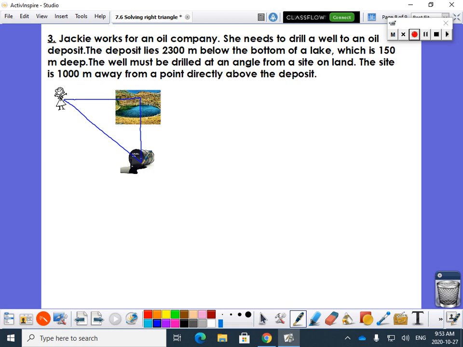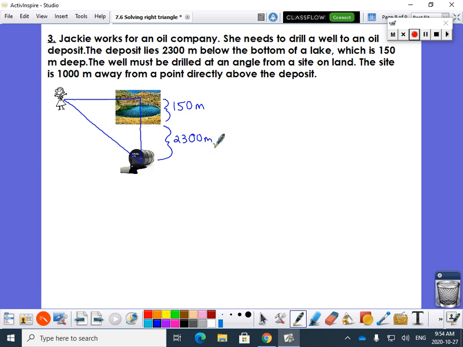So let's just say this is the top of our, I could have drawn it up here, sorry, but let's say from here to here is the pond. So remind me, what length is that? Or distance? Of just the pond? And then from the bottom of the pond to the oil well, 2,300.